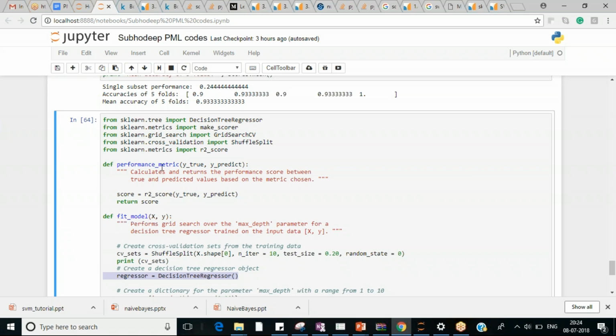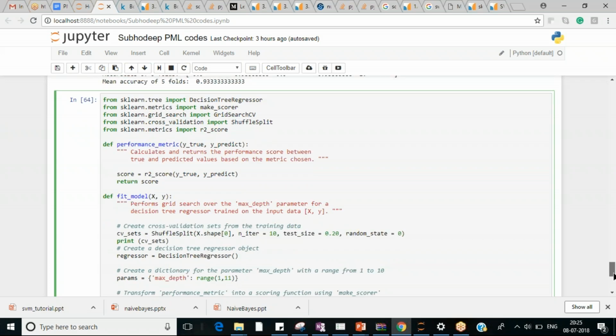So you just have a performance metric. The performance metric is a score that you want to put. This is the model, which model you want to put. This is the split, as in you're taking some bit in the testing part and some bit of the training part. So you have taken test size as 0.2. 0.2 means 20% of the data will be taken in testing and 80% will be kept for training.